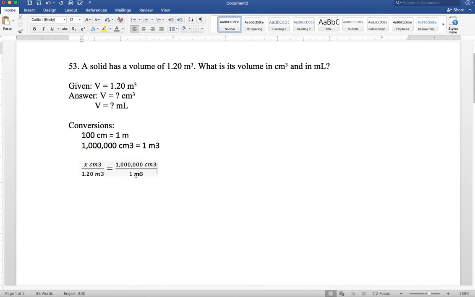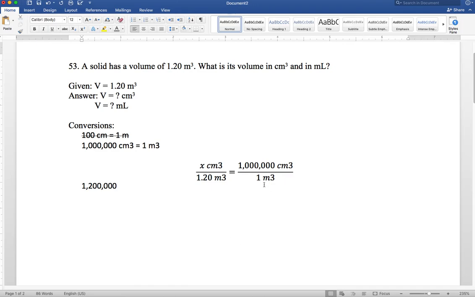And what we want to always start with is the place where we've got two numbers here, not the place where we've got the X. So we're going to take 1.20 times 1 million, and that's going to give us 1,200,000.